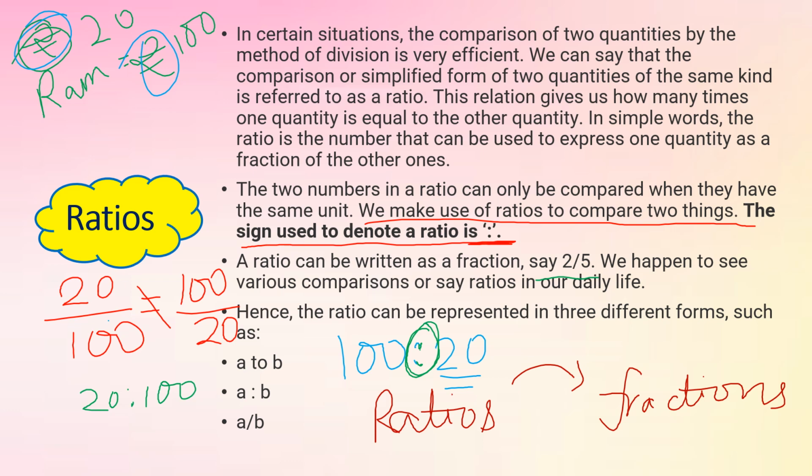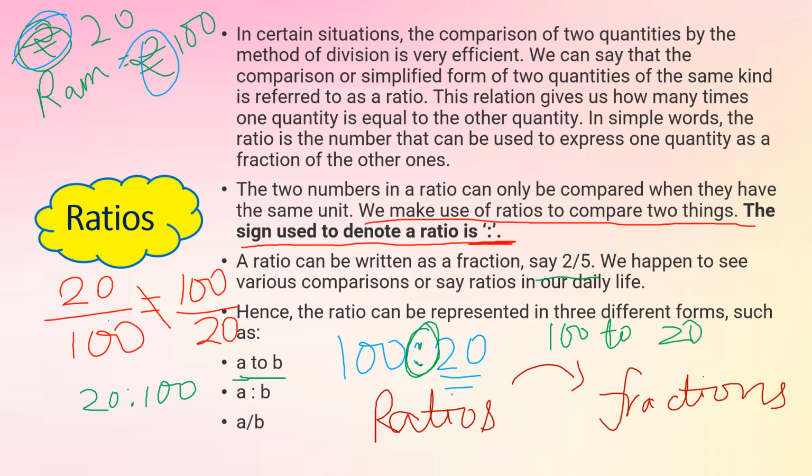We see various comparisons, or ratios, in our daily life. Learning ratios and proportions will help you in your life further. Hence the ratio can be represented in three different forms: A to B, as I have already explained, so 100 to 20.